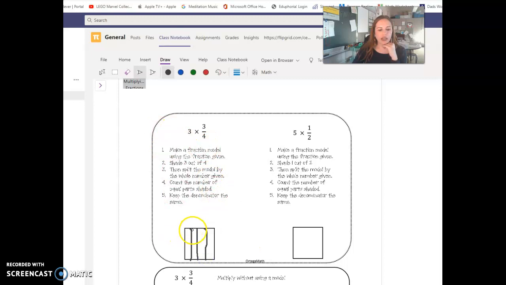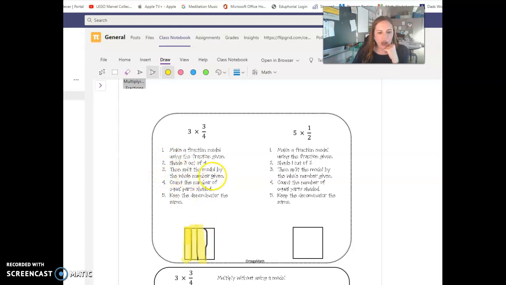So I have divided it up into fourths and I need to highlight 3/4. Let me make it a little bit wider than that. Okay, there we go. 1, 2, 3. And we did number 2, shade 3 out of the 4 parts.